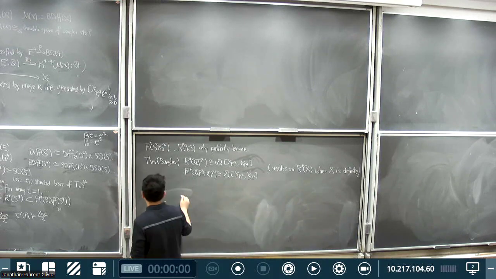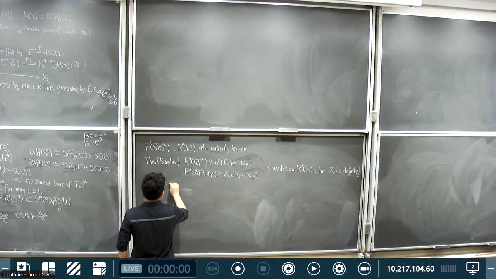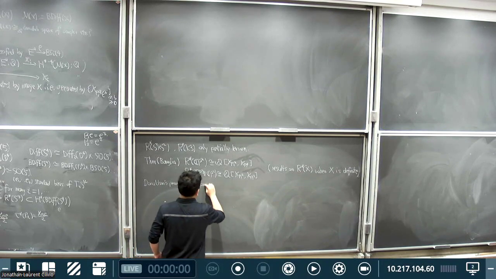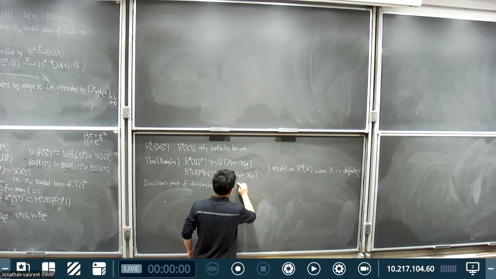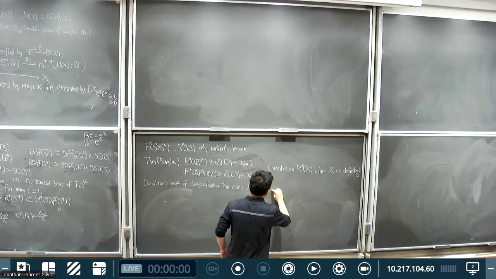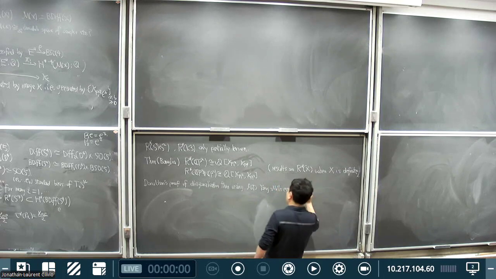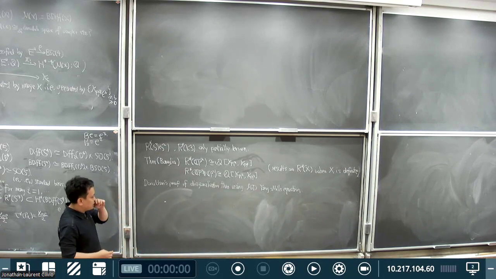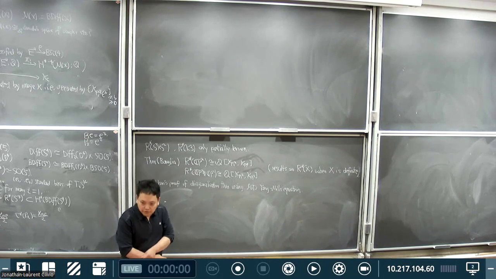So, a digression: Donaldson's proof of diagonalizability. This is not the Seiberg-Witten equation, but the anti-self-dual Yang-Mills equation, and I'm going to briefly discuss Donaldson's original proof.